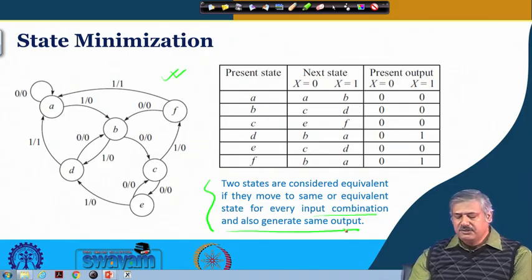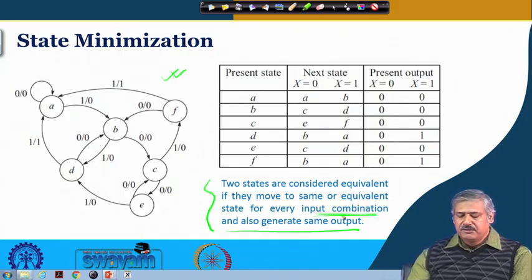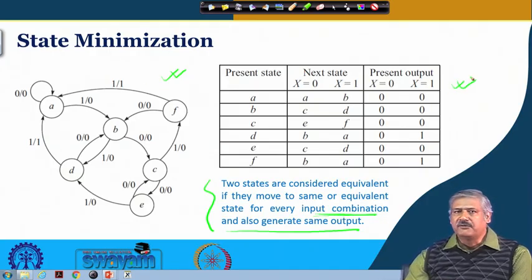So that is when we shall consider two states equivalent: when they are moving to the same or equivalent state and generate the same output. For this, we first move the state transition diagram to a corresponding tabular form.